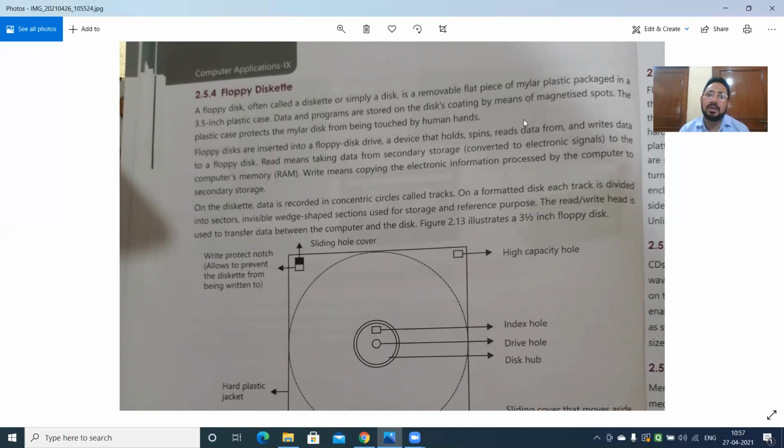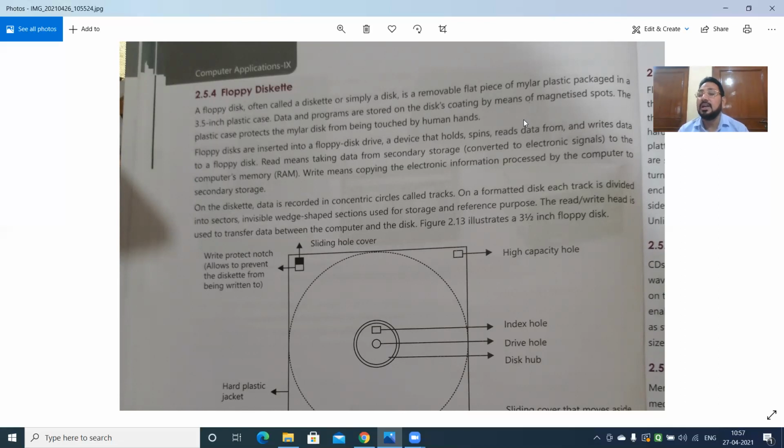A floppy disk, often called a diskette or simply a disk, is a removable flat piece of mylar plastic packaged in a 3.5-inch plastic case. Data and programs are stored on the disk coating by means of magnetized spots. The plastic case protects the mylar disk from being touched by human hands, because if you touch it, scratches will come.